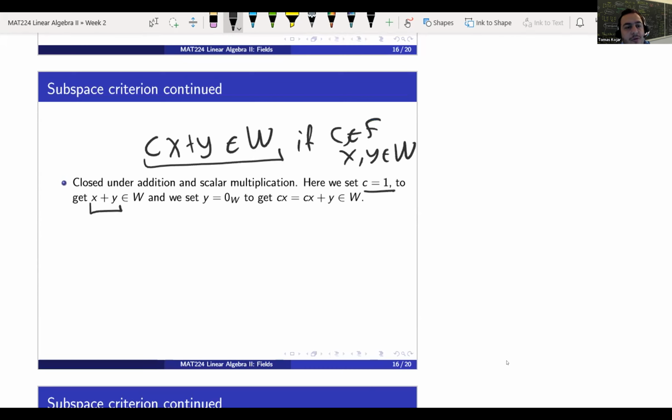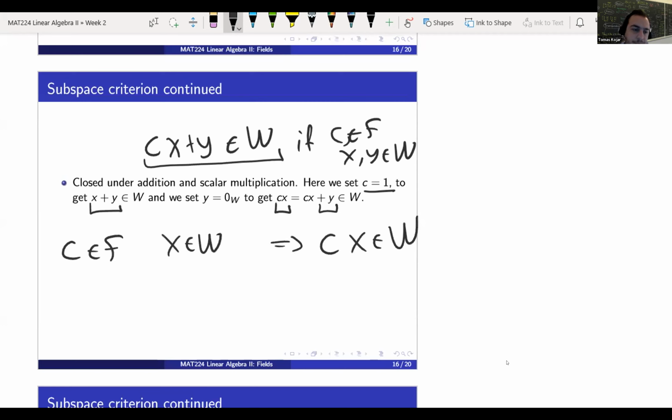That gives you closure under addition. And since we just found the zero element, you can just add it. So you have cx + the zero element is in W, which implies that cx is in W. You have c in the field, you have x in W, and you want to show that cx is in W. One way to do it is you just add the zero element.